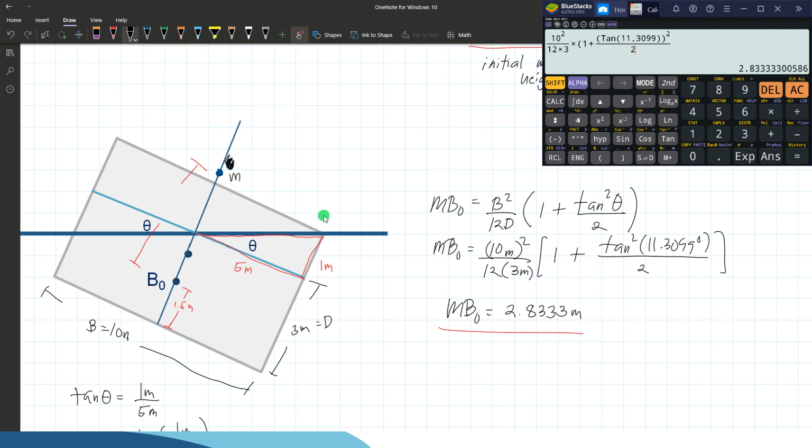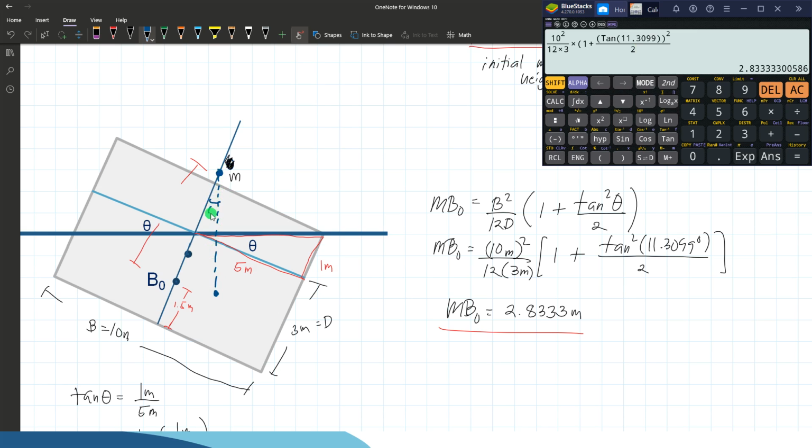So if we have a buoyant force, the buoyant force is just below that metacenter, say right here.